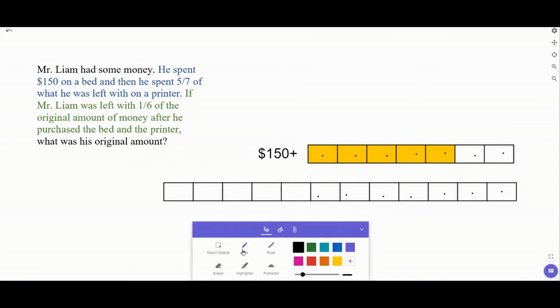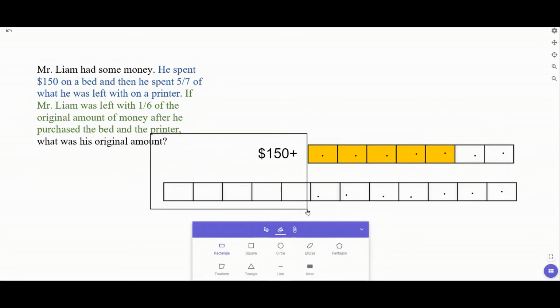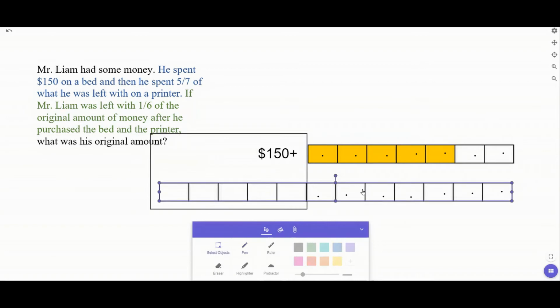So this tells me that this much, let's line it up nicely, these 5 white rectangles must represent $150. And you really want to pause and reflect and understand what I'm trying to say.